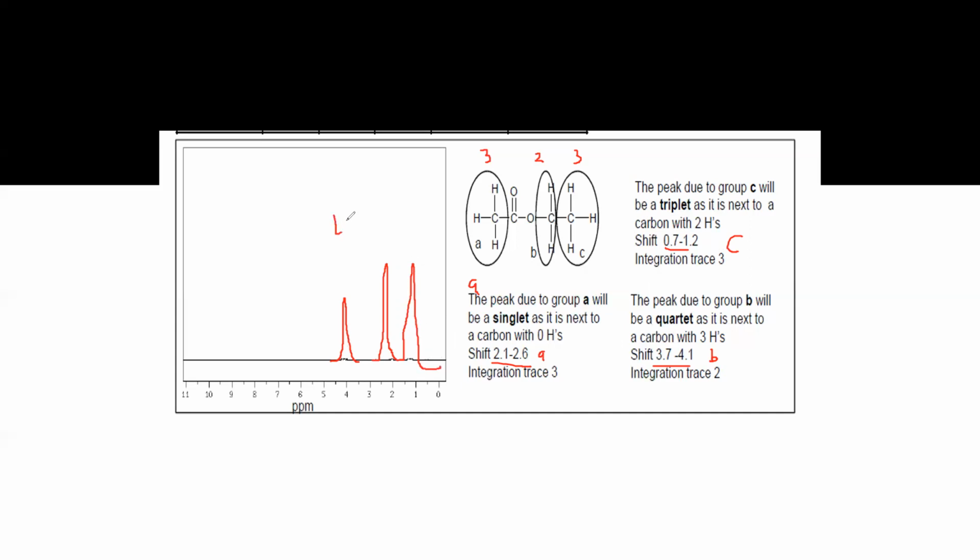This will be low resolution NMR. But in high resolution, these peaks further split into singlet, triplet, and quartet according to their neighbors. Is it clear? This is an example of high and low resolution NMR.